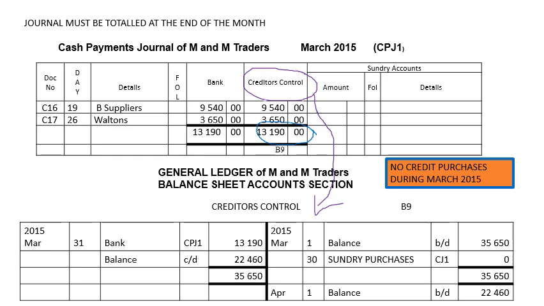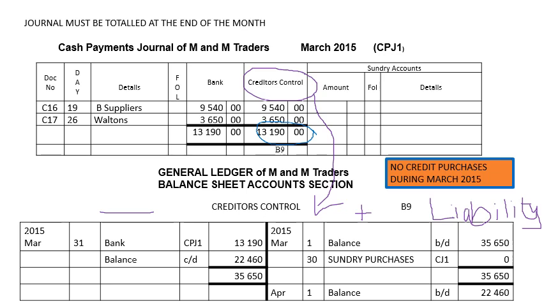What do we know about creditors? Creditors Control is first of all a liability. You know that already. I'm just going to write liability with my mouse. It's going to take me a while because it's not so easy to write with the mouse. I'm a bit slow. What do we know about liabilities? It increases on the credit side, decreases on the debit side.